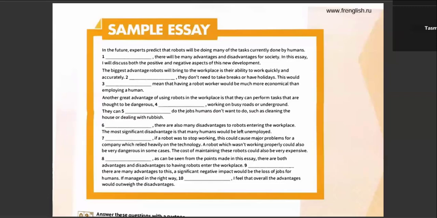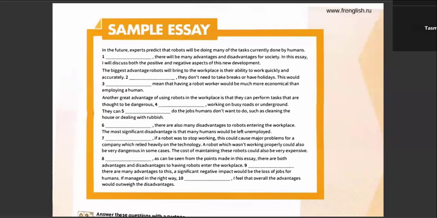So that is why we use however: However, I feel that overall the advantages would outweigh the disadvantages. So when we are giving some ifs or buts in a sentence, or if we want to sound like there is something negative about this, that is when we use however.